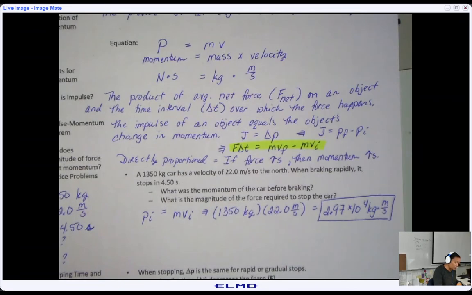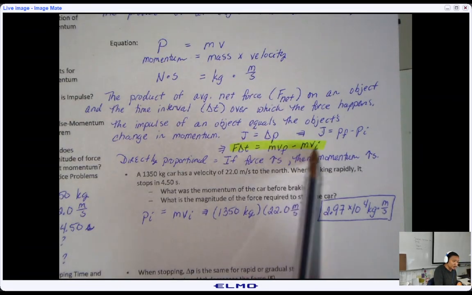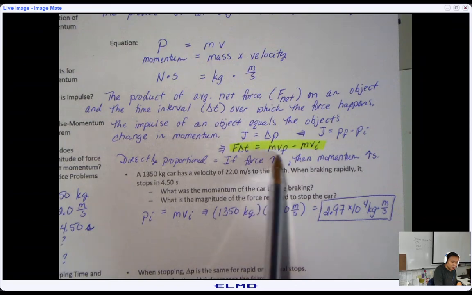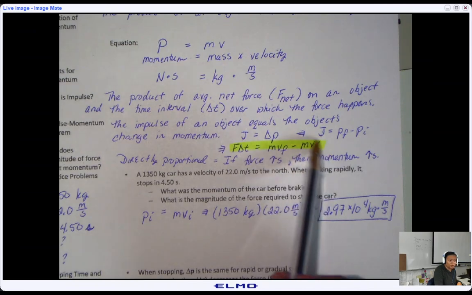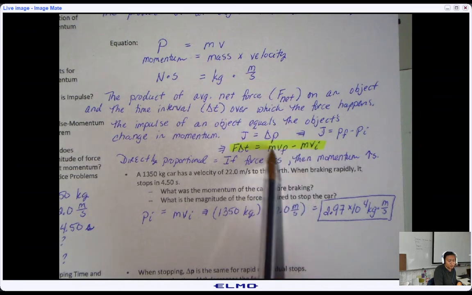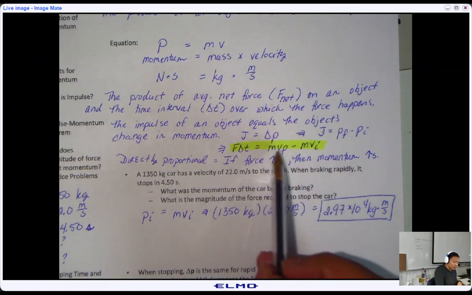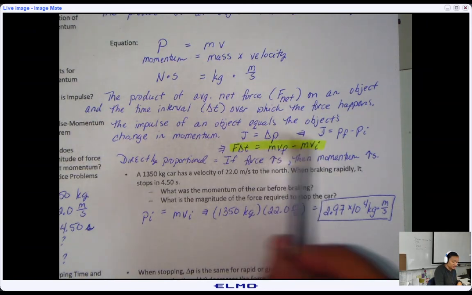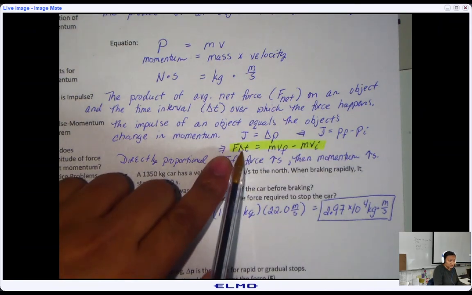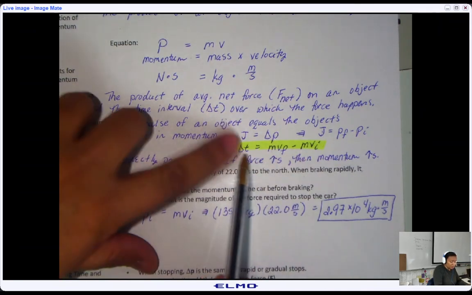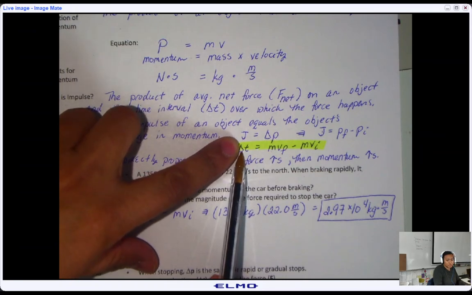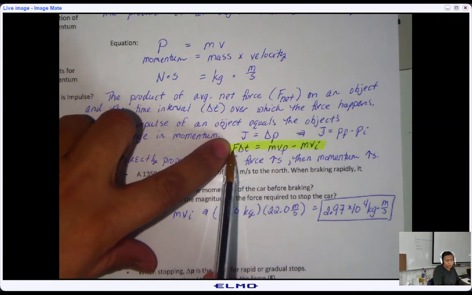Even though my change in momentum is always going to be the same no matter how much time it takes me to slow down, whether I stop quickly or slowly, this number stays the same over here, but my delta t will change. So if I increase this number, what is that going to do to the force?